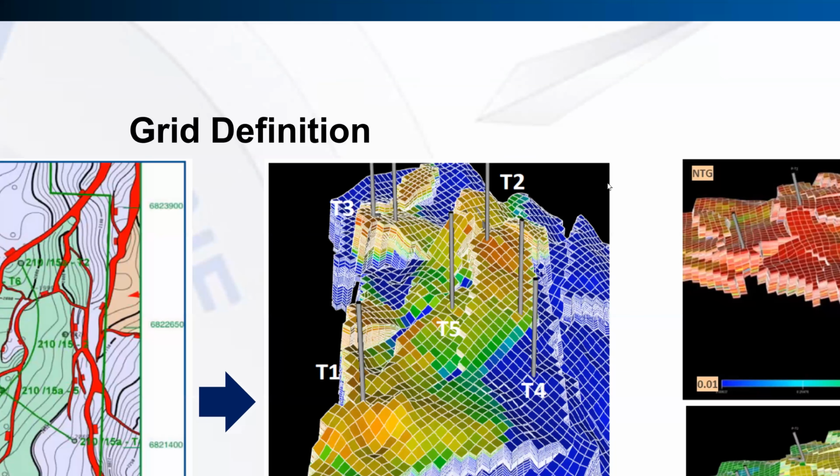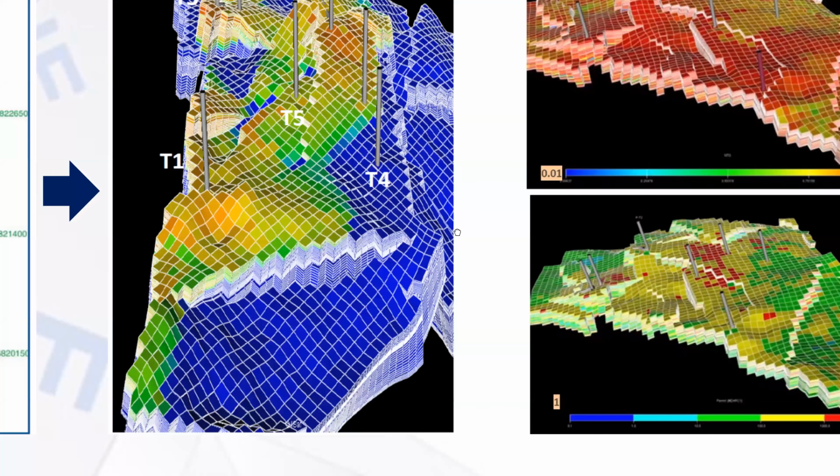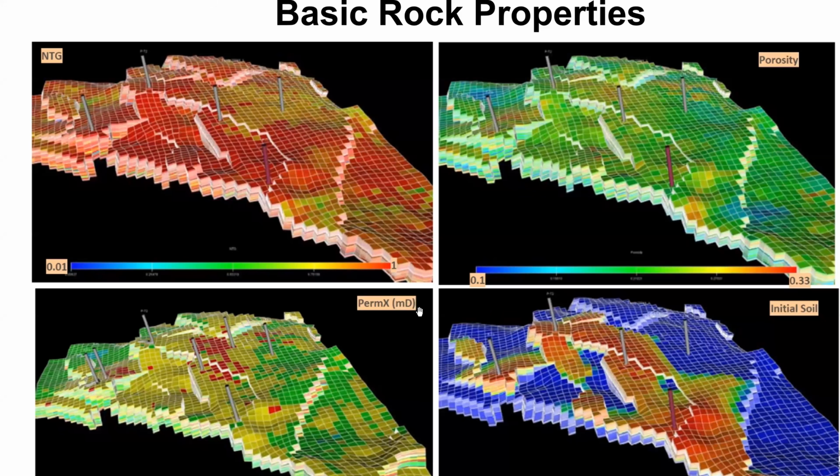And next is to define the basic properties across all of these 3D grids, like net to gross, porosity, permeability, and also initial water saturation.